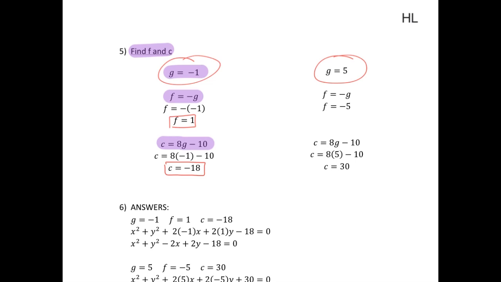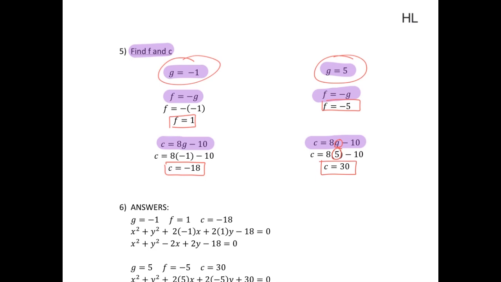If g is equal to 5, f is minus g, so f ends up being minus 5. With c is 8g minus 10, when we fill in g is equal to 5, we get c is 30.